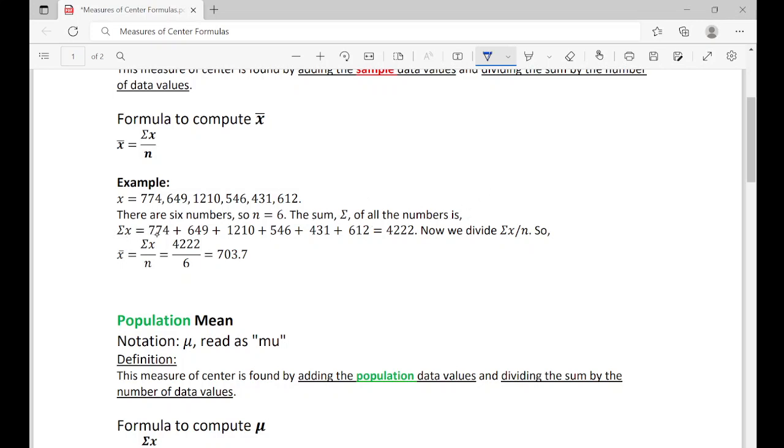Well, it's going to be 774 plus 649 plus 1210 plus 546 plus 431 plus 612, which will give you 4,222. Now we're going to divide the sum by the total number of numbers. So it's going to be 4,222 divided by 6, which will give you 703.7. So the sample mean, X bar, is 703.7.